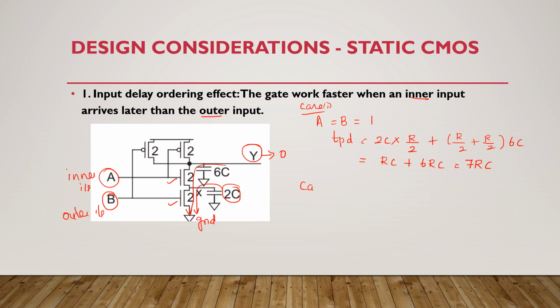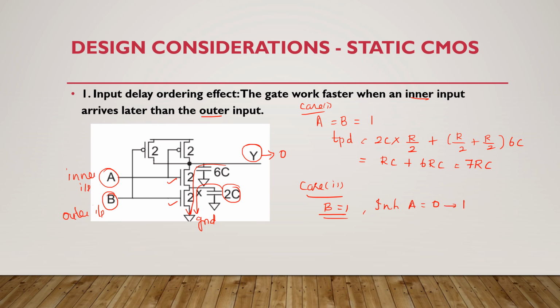I'm going to consider the other case. In this case, my input A will arrive later. First B will arrive, right? Initially my input A is 0. First B arrives. Because of this B arriving, this 2C capacitance will first be discharged through this transistor. Okay, right? Next A changes from 0 to 1.